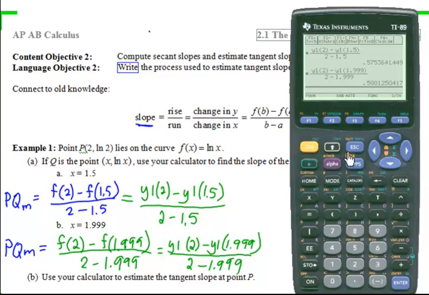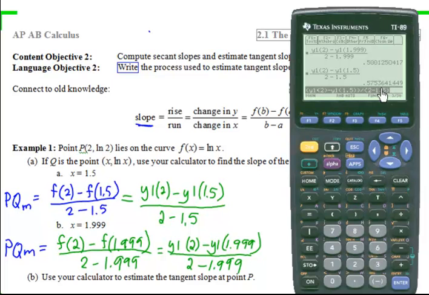So in our calculator, we can remember that fraction bars are grouping symbols in disguise, so we'll insert a parenthesis for the top of our fraction, and we simply type y1 of 2 minus y1 of 1.5, close y1, close the top, then we'll divide, open the bottom, 2 minus 1.5, close the bottom, and then hit enter.